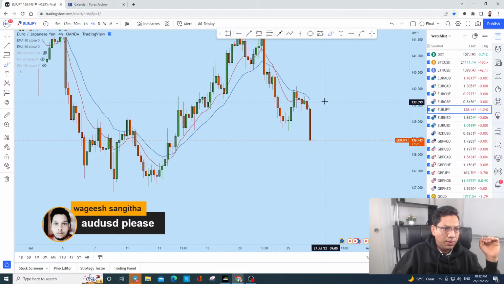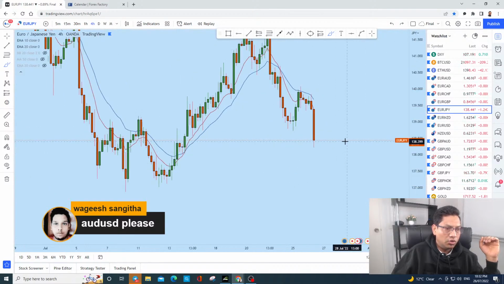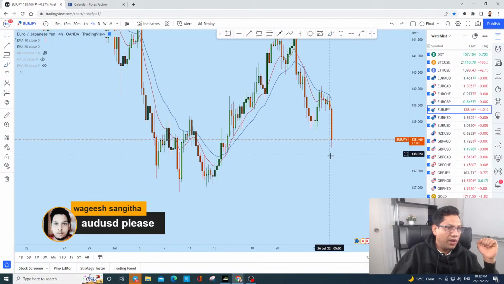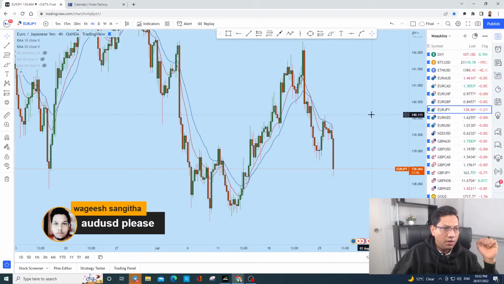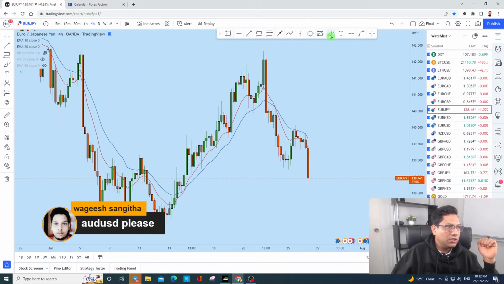In the past 4 hours there is a bearish candle, followed by this 4 hour candle, and you have seen a strong move down. So what I will be waiting for now, I will be keeping an eye on Euro, because Euro looks like it is giving us the best trading opportunity.